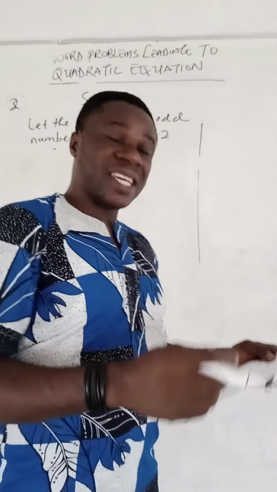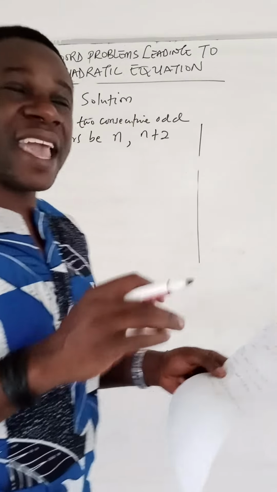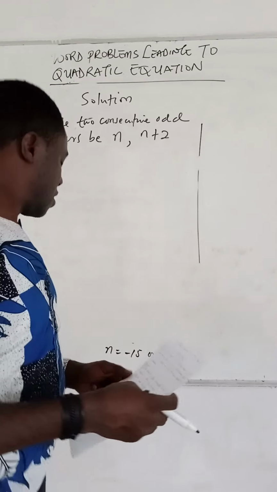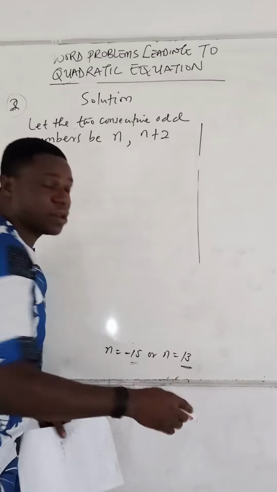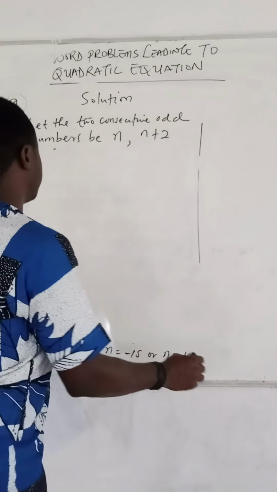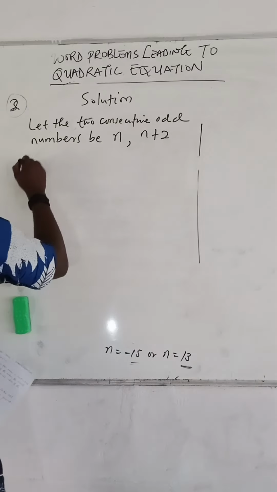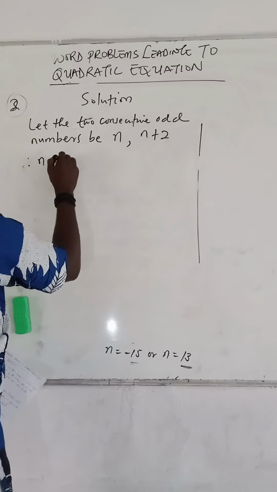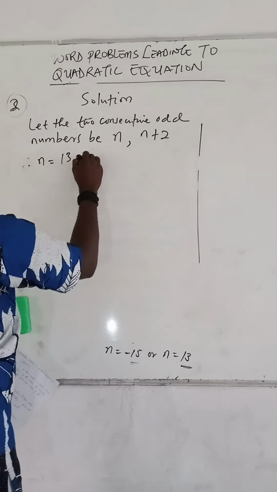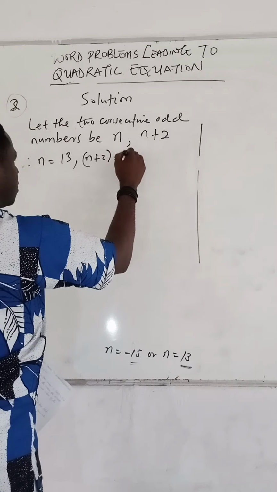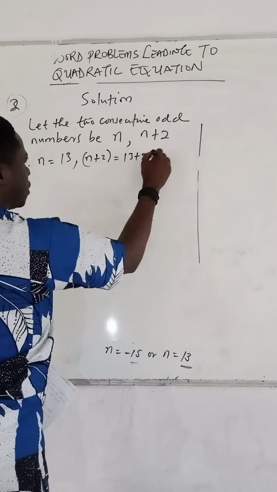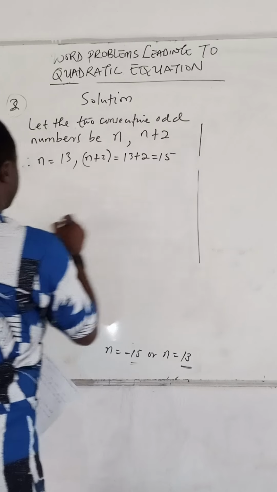The emphasis there is on positive, so the negative aspect will not be taken. We'll concentrate on the positive, and the positive here is n equals 13. Therefore, the first number is n, and the second number, n plus 2, will be 13 plus 2, which is 15.